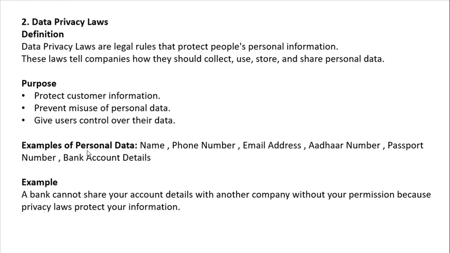Examples of personal data are name, mobile number, email address, Aadhaar number, passport number, and bank account details. Example: a bank cannot share your account details with other companies without your permission, because privacy laws protect your information.